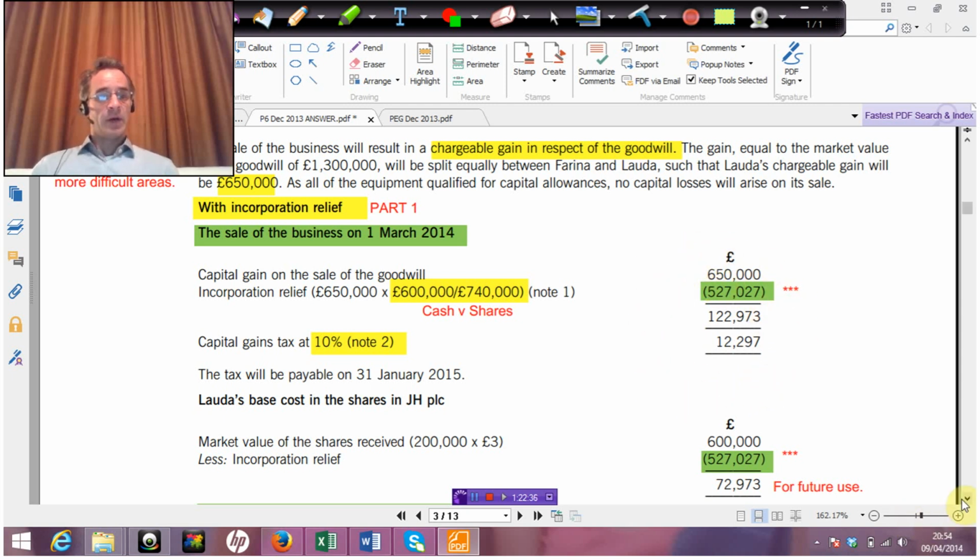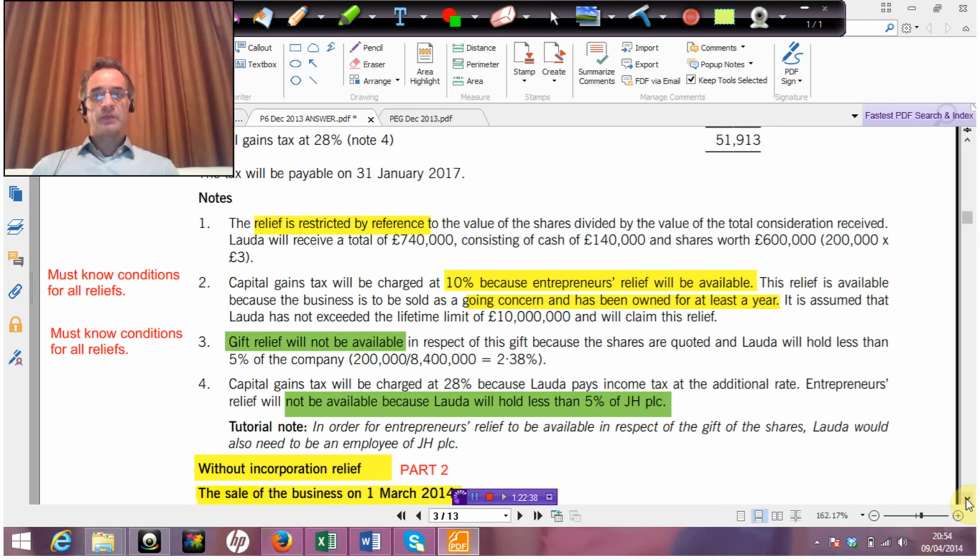Okay, now if we move down to note 1, this is not dissimilar to what we saw earlier on. I'll give you a chance to read note 1. Okay, so in essence, what this says to us is that yes, incorporation relief is available, but where an element of cash is being received, you know what we say about cash, the cash in her pocket, and the cash in her pocket in this instance is 140,000.